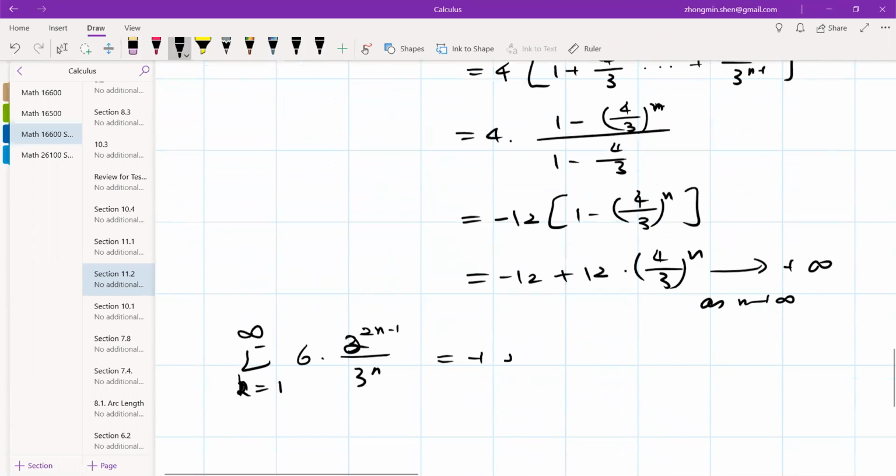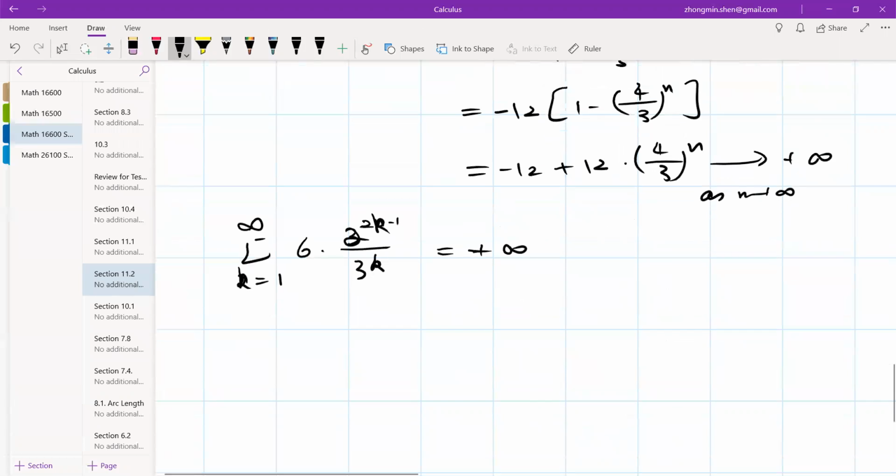It approaches positive infinity. Now, if I change the problem a little, to 2 to the k minus 1, that'll be a different story. If I change it to 6 times 2 to the k minus 1 over 3 to the k, then it's convergent, and you can get the answer.